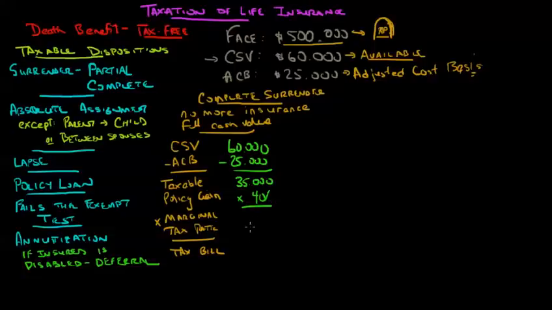So 40% on a $35,000 taxable policy gain would give us a $14,000 tax bill. So you would get $60,000 out, you'd have $14,000 that you'd have to write as a check to clear that up, and you'd be in good shape.